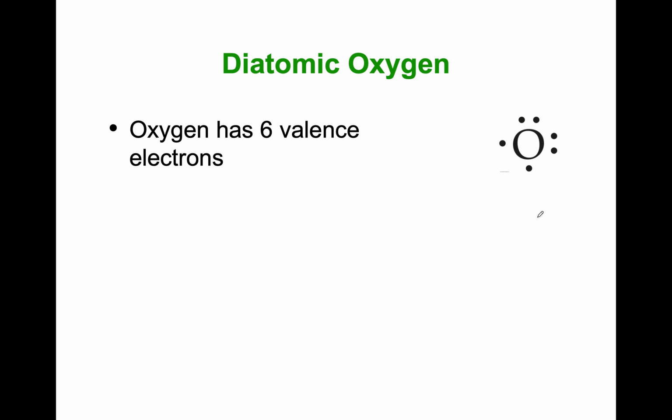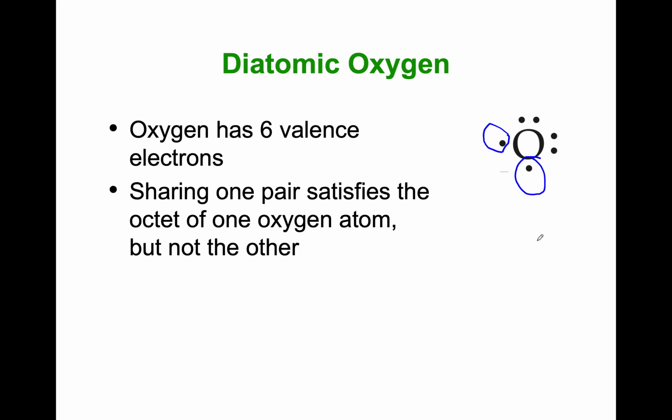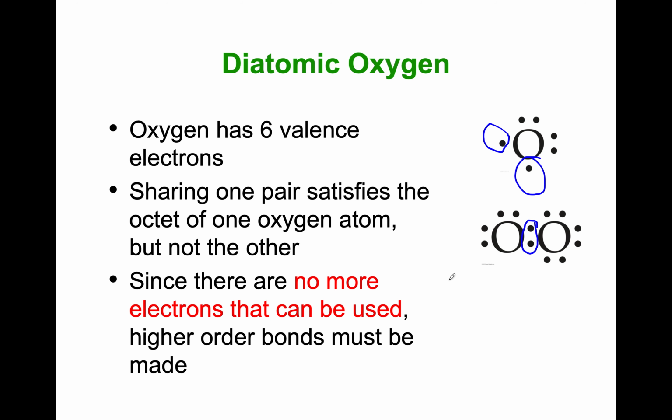All right, so oxygen looks a little different. Okay, you can see there's 2 spots available here because only 6 valence electrons. So what happens then is if 1 bond forms, you can see neither have an octet. It's still not satisfied. Okay, so we have to go to a higher bond order. We need more bonds being shared.